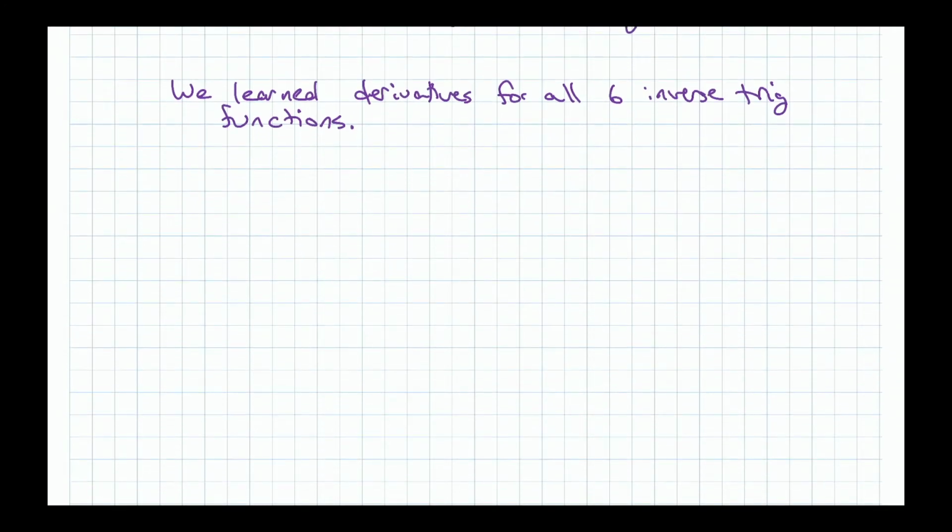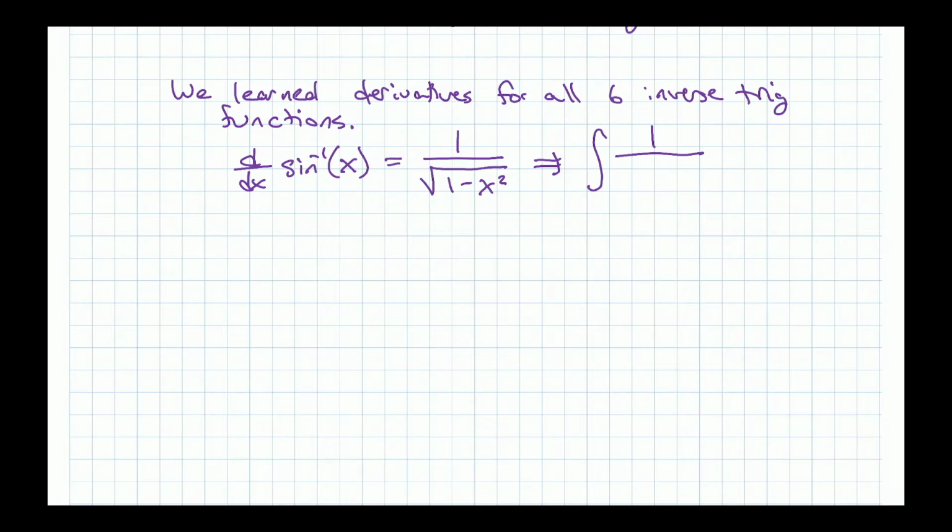So consider this. You know that the derivative of sine inverse is 1 over the square root of 1 minus x squared, because we learned that. And we know that a derivative formula is an integral formula, which means that the antiderivative of 1 over square root 1 minus x squared dx must be sine inverse x plus c.